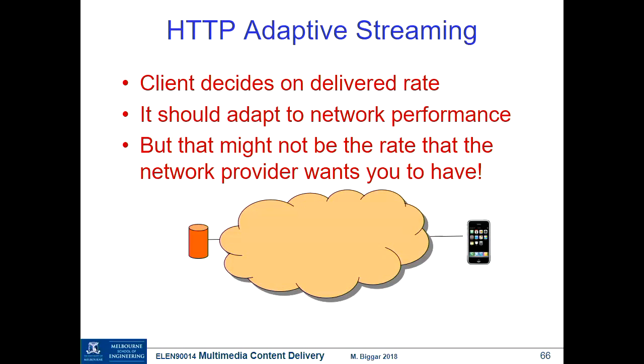Worth mentioning that the idea behind adaptive streaming is that the client is in charge, right? The client is controlling what's going on. It gets the manifest file, finds out what bit rates are available, and therefore requests them. And so these large chunks of data are potentially being pushed through the network, and that'll allow it to adapt to network performance, but it might not be the rate at which the network provider wants you to have, right?